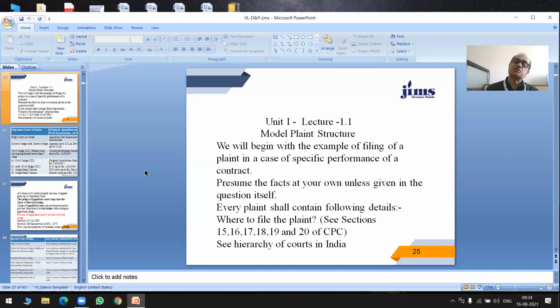And for this, dear students, you must have the knowledge of the hierarchy of courts in India. If you are drafting a plaint, you should have the knowledge of the hierarchy of civil courts in India. And if you are drafting a criminal complaint or an application for bail on behalf of the detainees, then you must have the knowledge of the hierarchy of criminal courts in India.